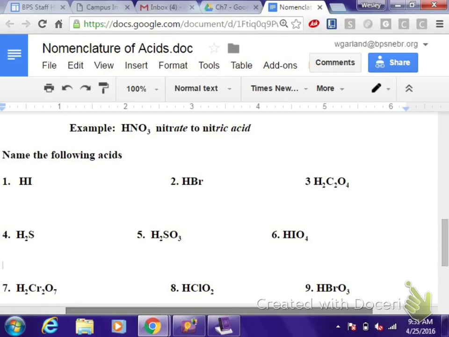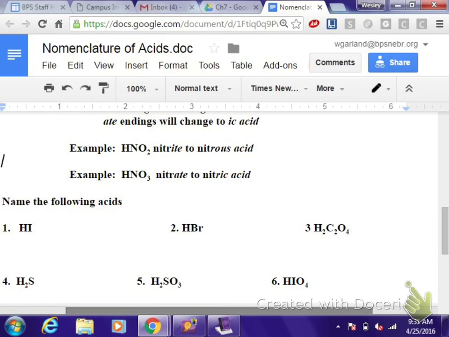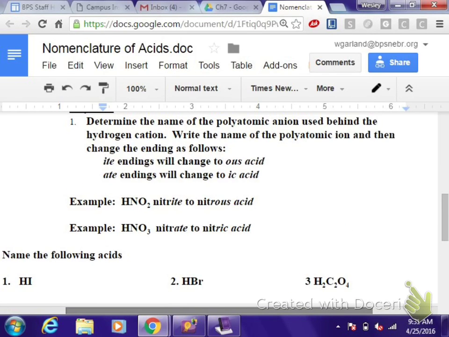Okay? Now we did 1 and 4, so let's take a look at our examples of the endings that are oxy acids. Okay? So H2C2O4, number 3, you'd look up the C2O4.